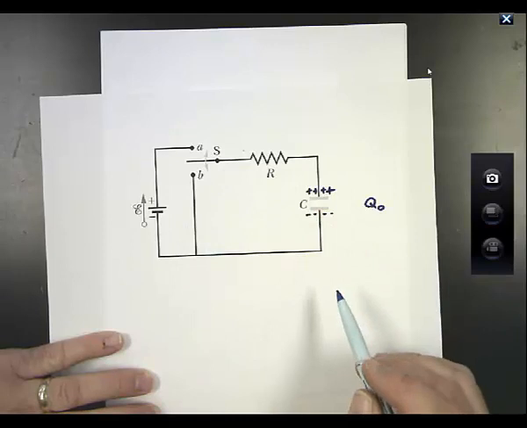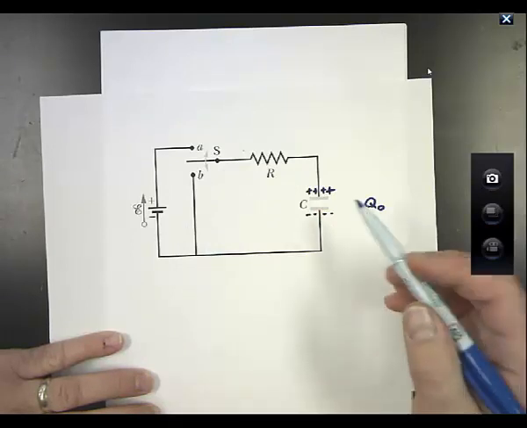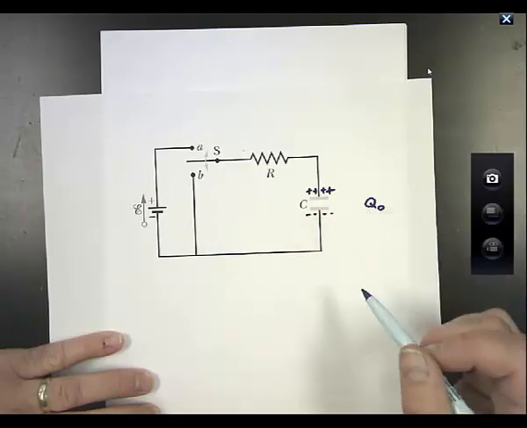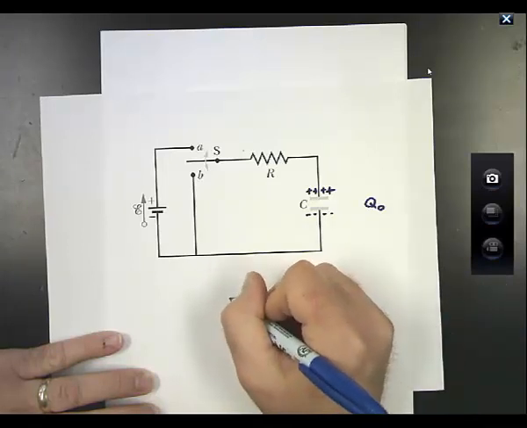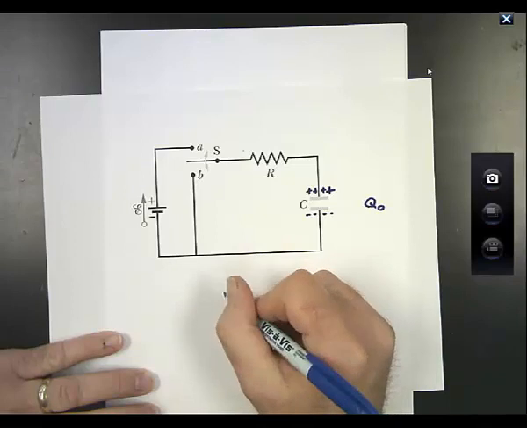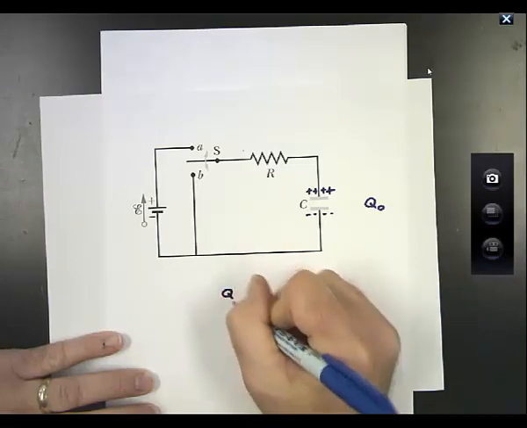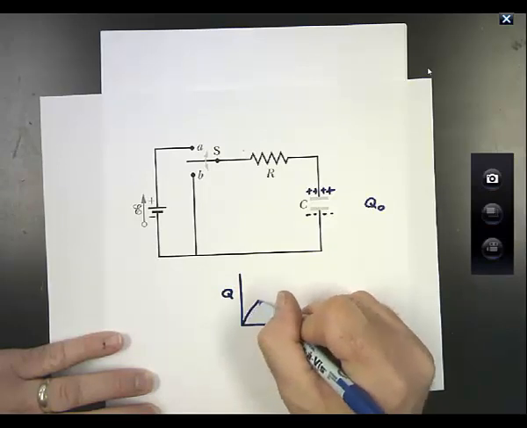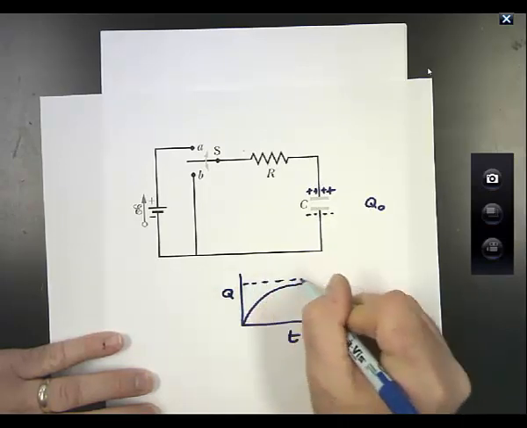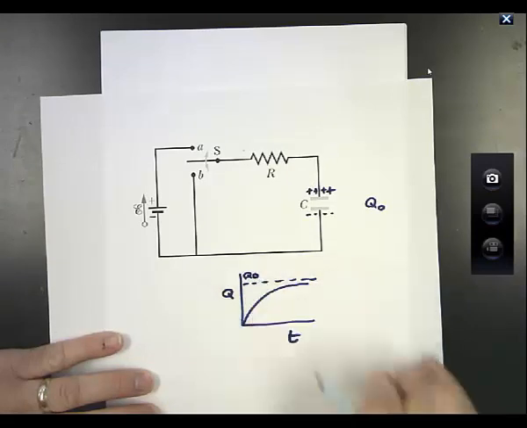So the rate at which the current is flowing is going to decrease, and it's going to decrease exponentially. As it's charging up, the charge on the capacitor is going to increase exponentially, starting off at 0 and reaching a maximum value, call it Q naught.